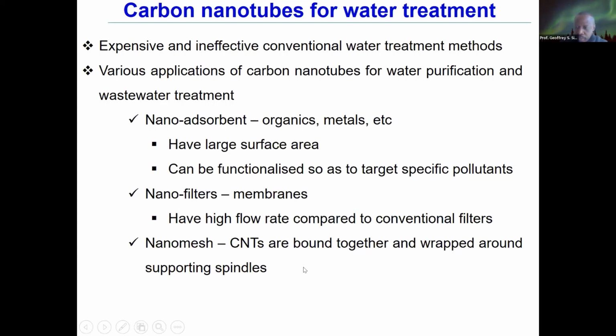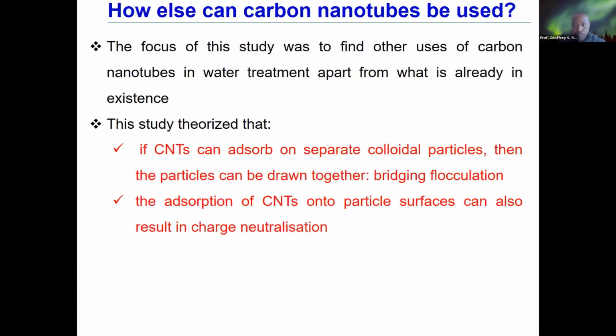So what we did in our case was, instead of looking at these carbon nanomaterials being used in these existing applications, we wanted to see if they can be used in other applications for water treatment. And that's when we looked at them as being used as coagulants.